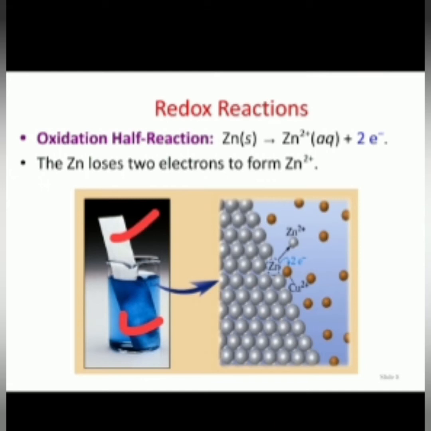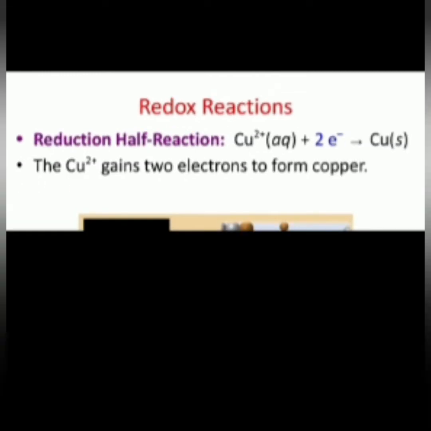Zinc loses its 2 electrons to give zinc ion Zn2+, and in this solution copper ions move freely. They can get 2 electrons and be converted into copper solid. We can see it in the next slide.